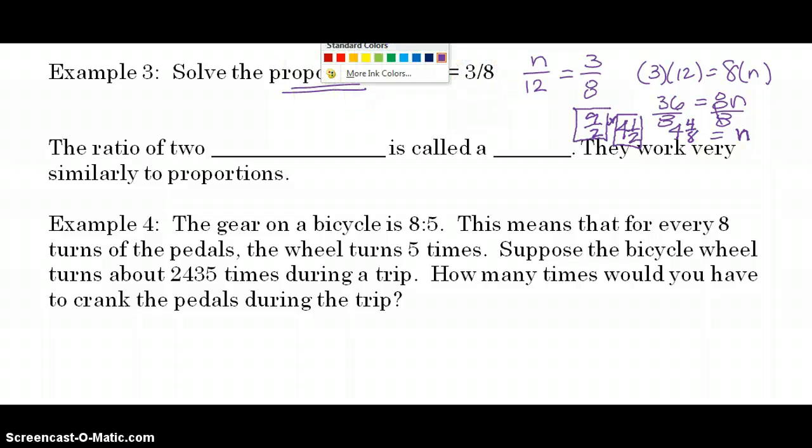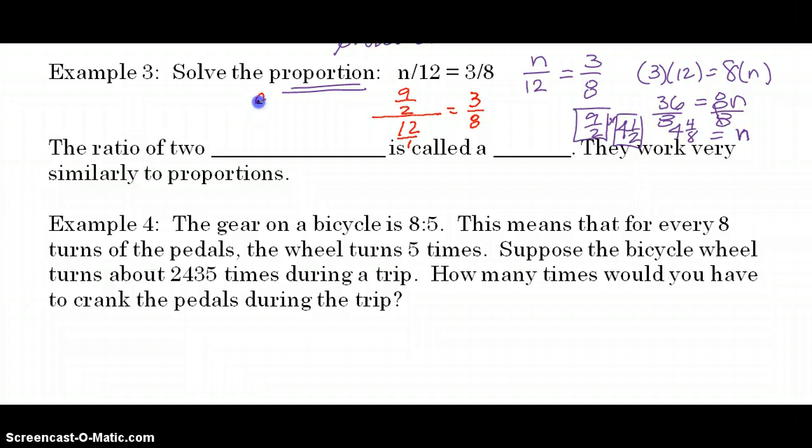Let's check that. Let me show you what that looks like. 9/2 divided by 12. If I've done my math right, this equals 3/8. Well, we have a fraction divided by 12. Is 12 a fraction? Sure it is. 12 is understood over 1. So 9 over 2 times 12 over, or excuse me, I need to flip and multiply.